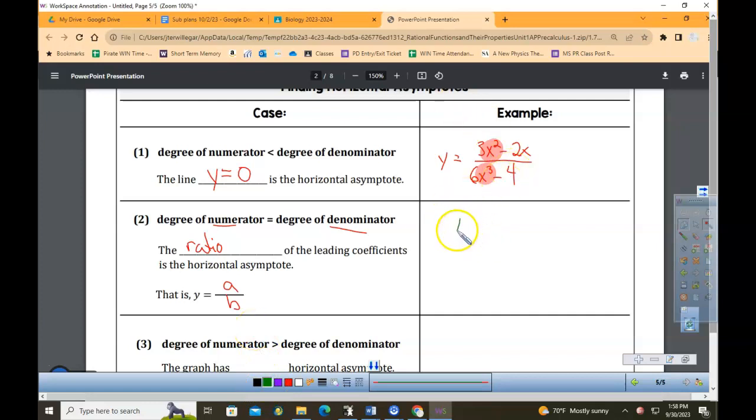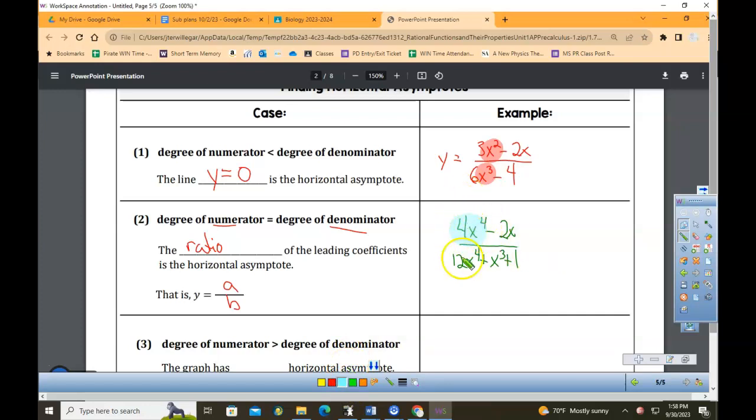Suppose I had 4x to the fourth minus 2x over, let's do 12x to the fourth plus x cubed plus 1. Doesn't matter. So when I look at this, the power that's larger takes control of the situation. They get bigger faster as we go to infinity.